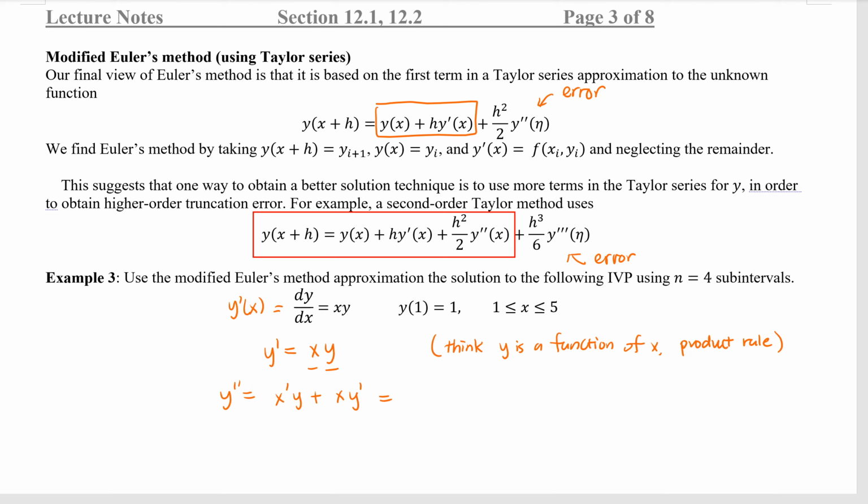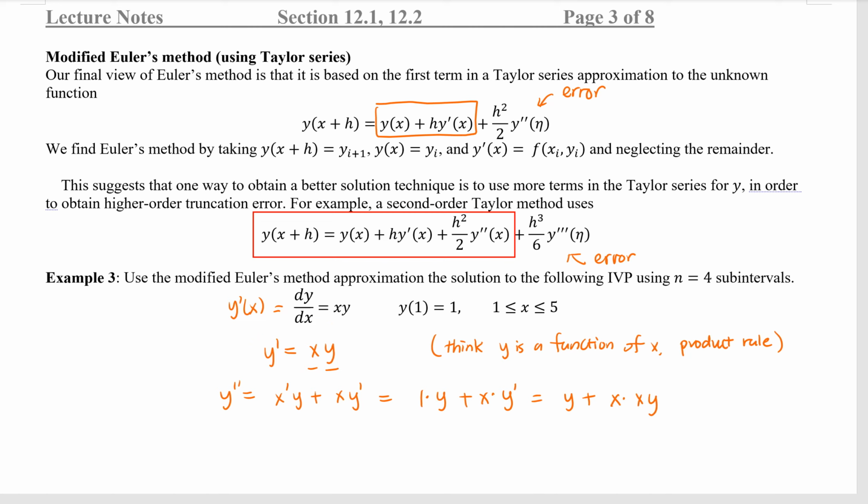So when we take the derivative with respect to x, we need the product rule because we have a function of x, which is x, times another function of x, which is y of x. Okay, so x prime is 1, and y prime is y prime, but we know what y prime is. Yes, y prime is xy.